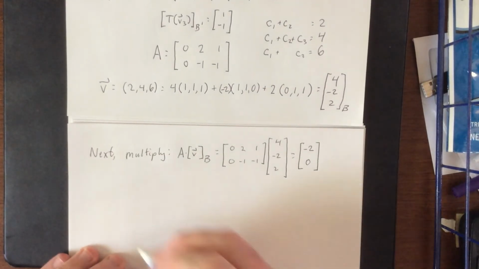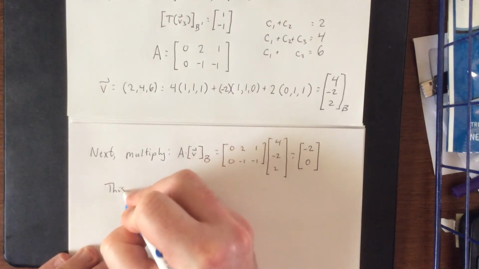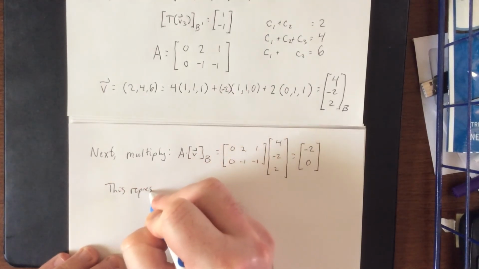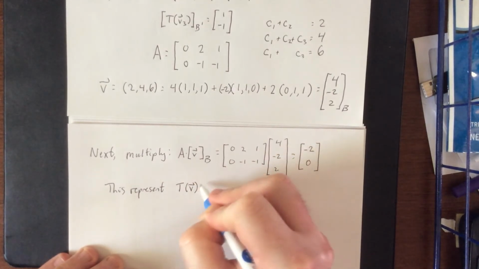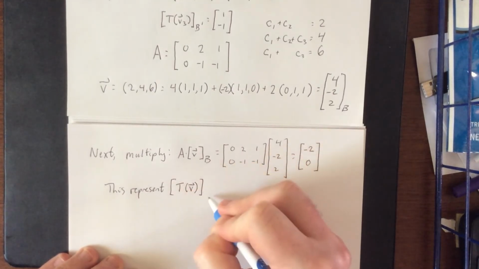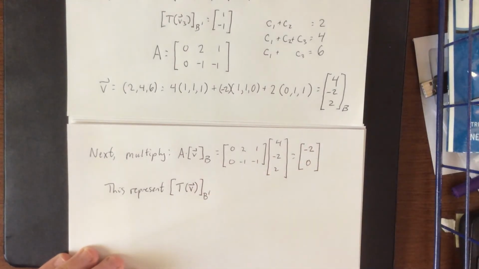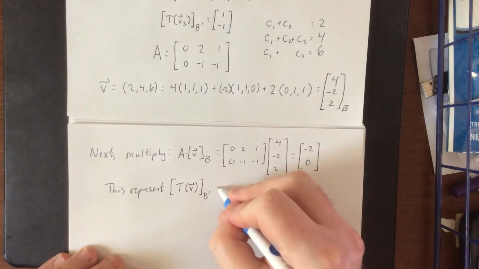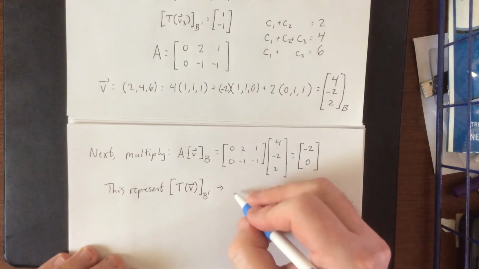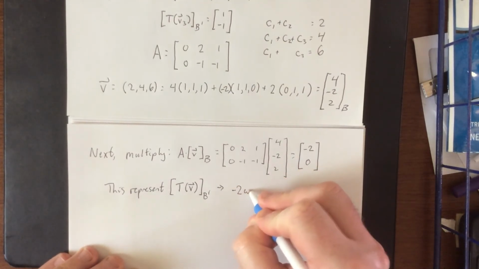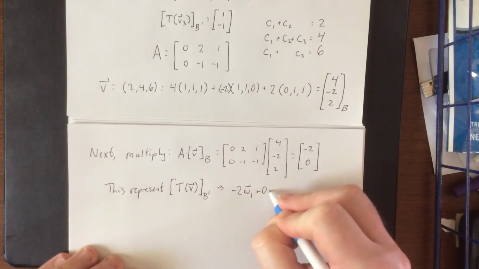So what this represents is the image of vector v relative to the basis B prime. To get it relative to the standard basis, what we're going to do is take negative 2 times w1 plus 0 times w2.